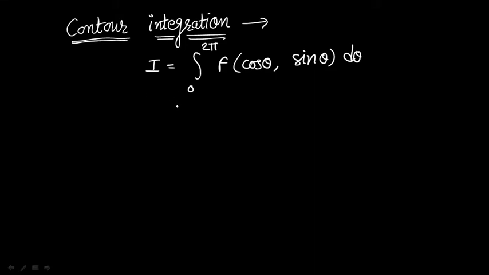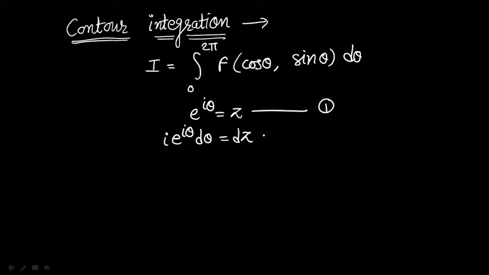by some substitution. Here we substitute e to the power i theta equal to z. And this gives equation number 1. Then differentiate with respect to theta: e to the power i theta into i d theta equal to dz, and from this we find the value of d theta.